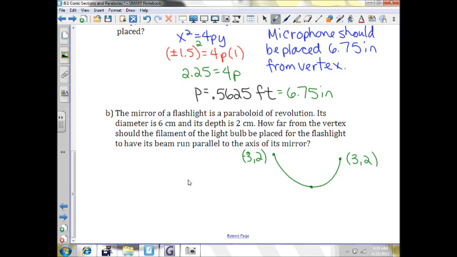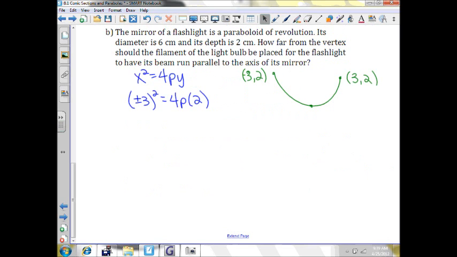So we're going to use x squared equals 4py. That means plus or minus 3 squared is going to be equal to 4 times p times 2. That means p will equal 9/8 centimeters, or 1.125 centimeters.